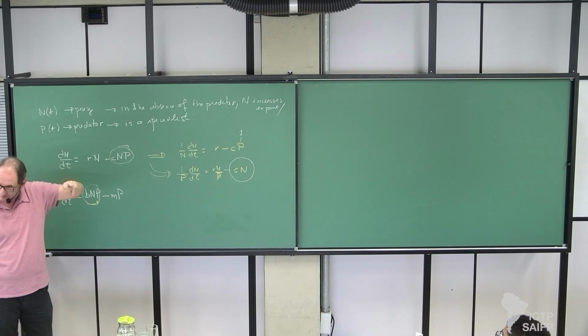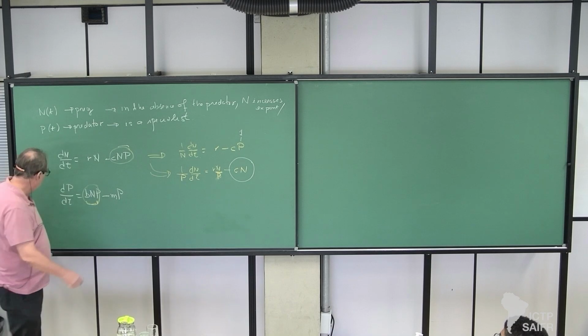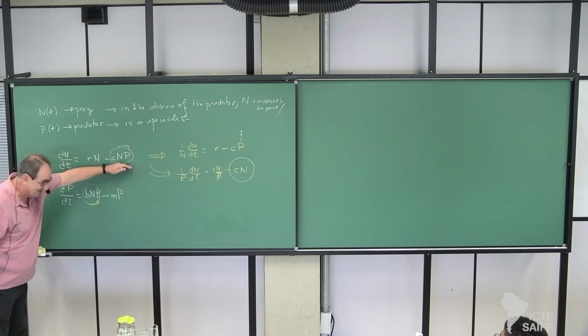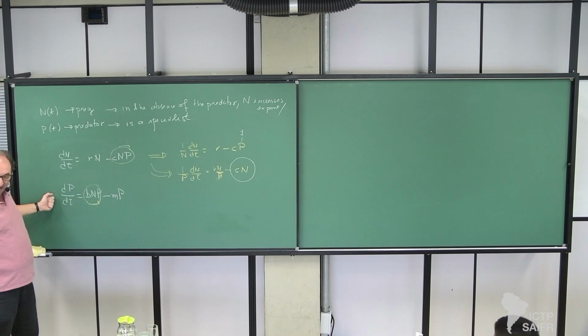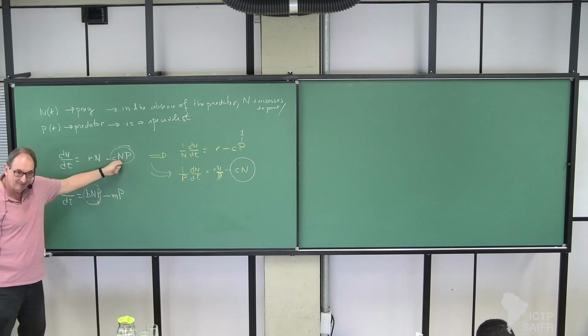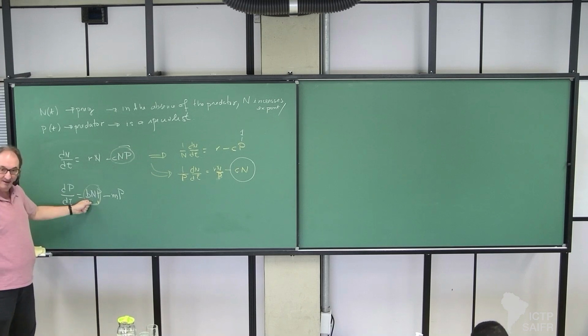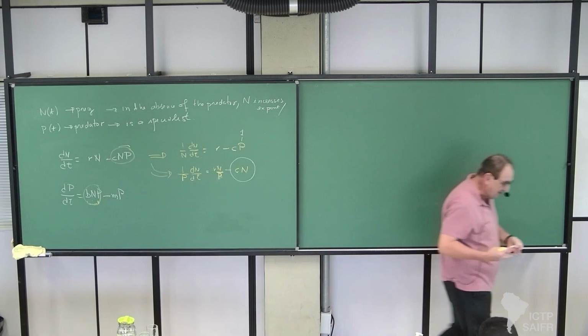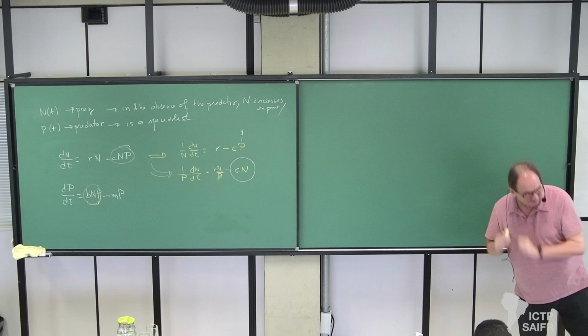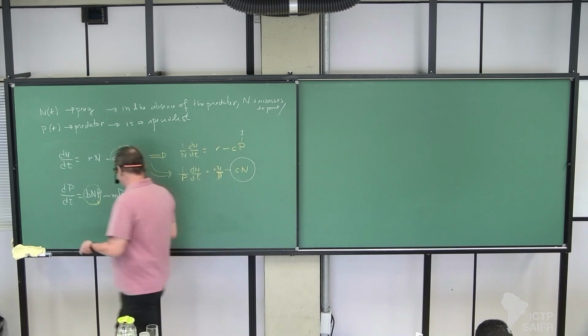Here b gives you this consumption term, which decreases the number of prey and increases the number of predators, with the same N times P, but some different coefficients, which is the conversion coefficient, because it's not that you eat one chicken and you create one person. You have to eat many chickens in order to create a person. These are counting populations, so there has to be some conversion.